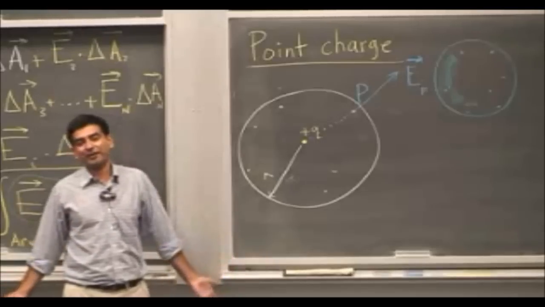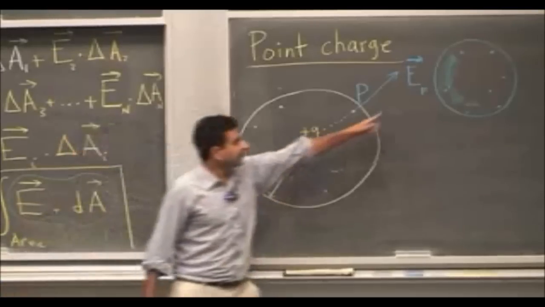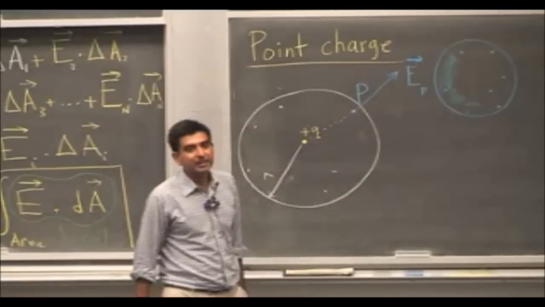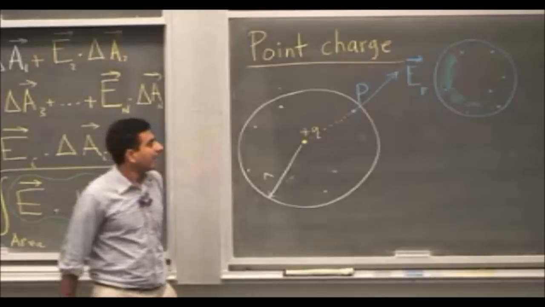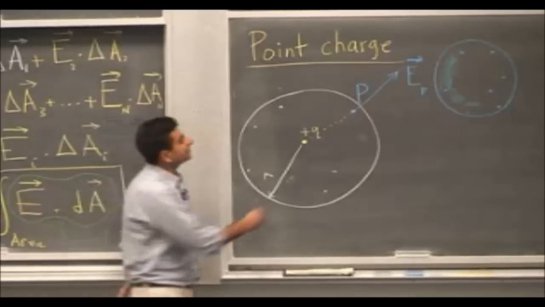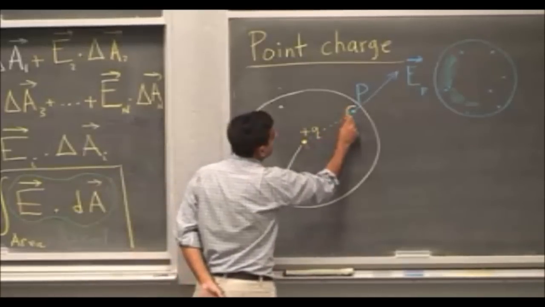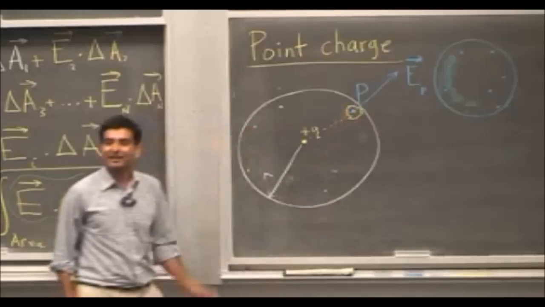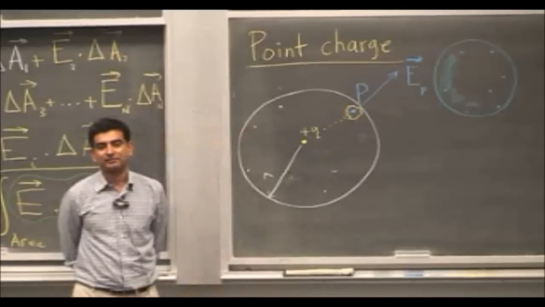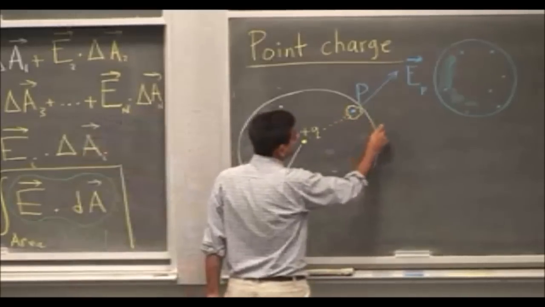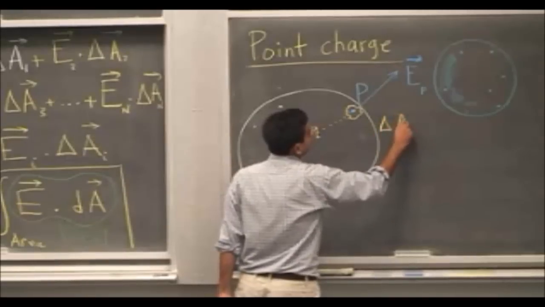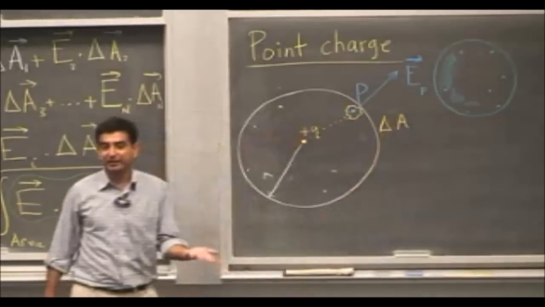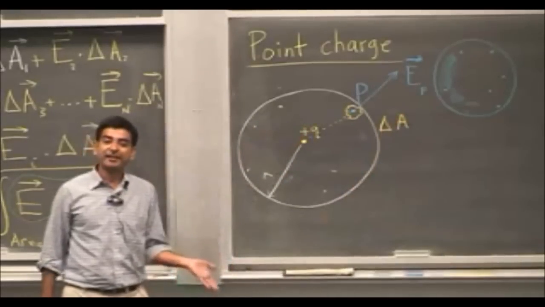So I take one such point, I call it P, and I find the electric field at that point, EP. Now what I would like to do is take a small area, a small patch around this point. Let me call the area delta A. Now this area, I have to define a vector. So what's the direction of this vector?